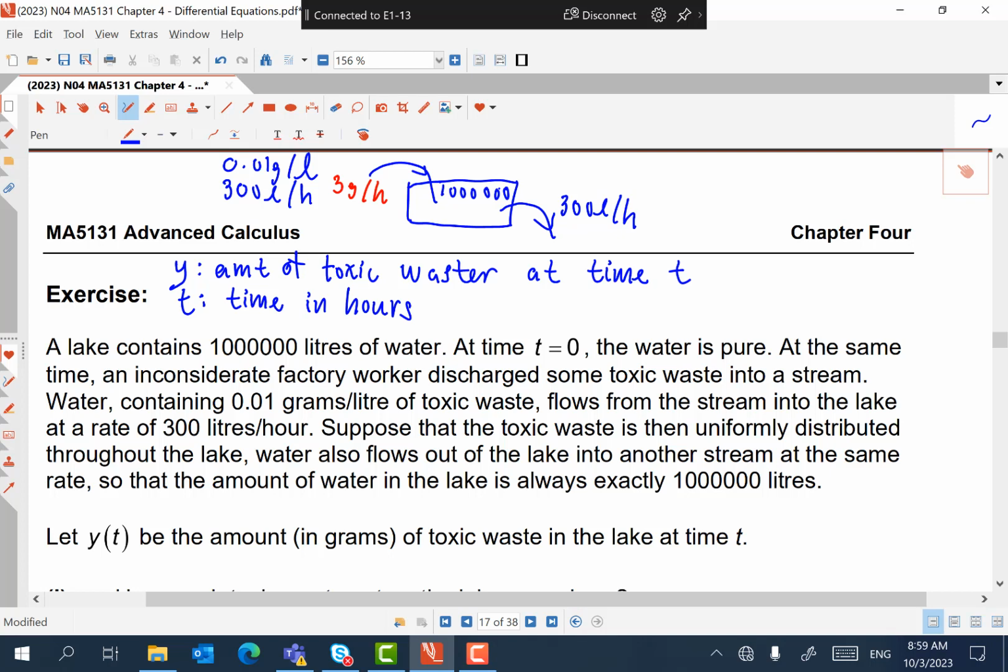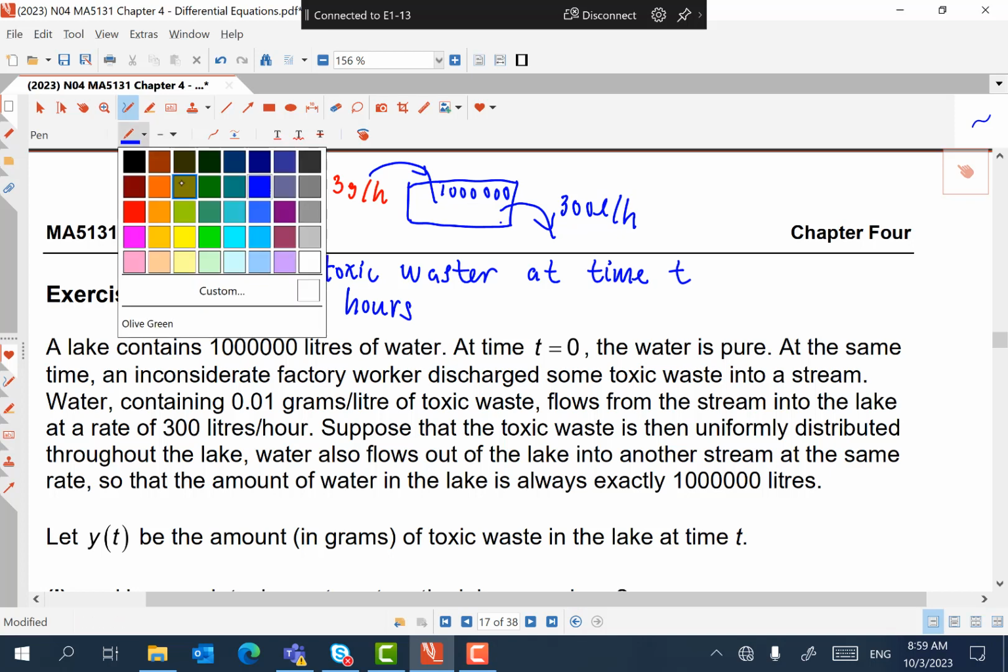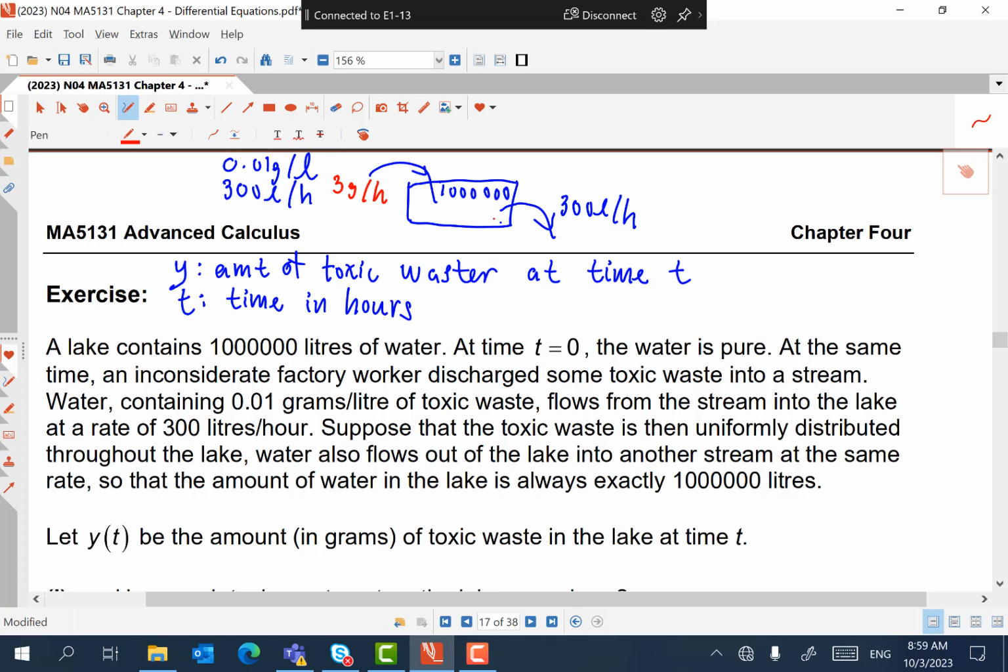Now, you want to try to find out the concentration of the toxic solution in the lake. What do you think is the concentration? We believe that the concentration is uniform throughout the whole lake.